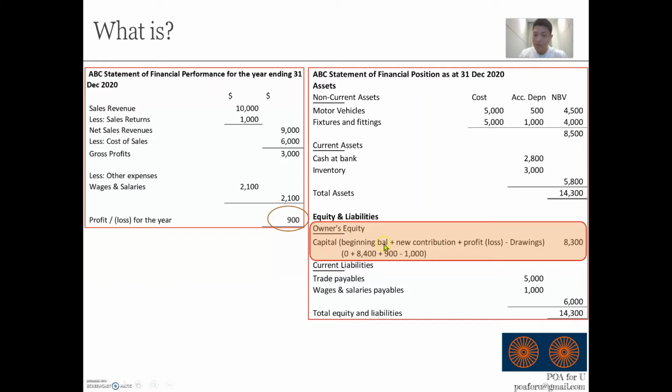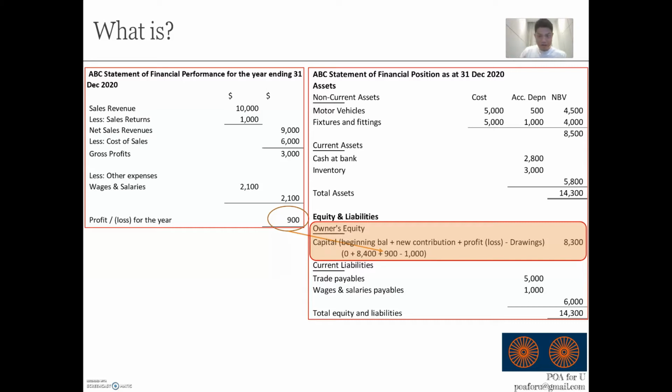the equation as well. So the profits from the statement of financial performance will flow into the capital section under profits or loss here. So if you want to rationalize this, you're basically saying, all right, owner's equity equals whatever capital the owner brought into the business plus the profits that they make while running the business minus how much he took out from the business.